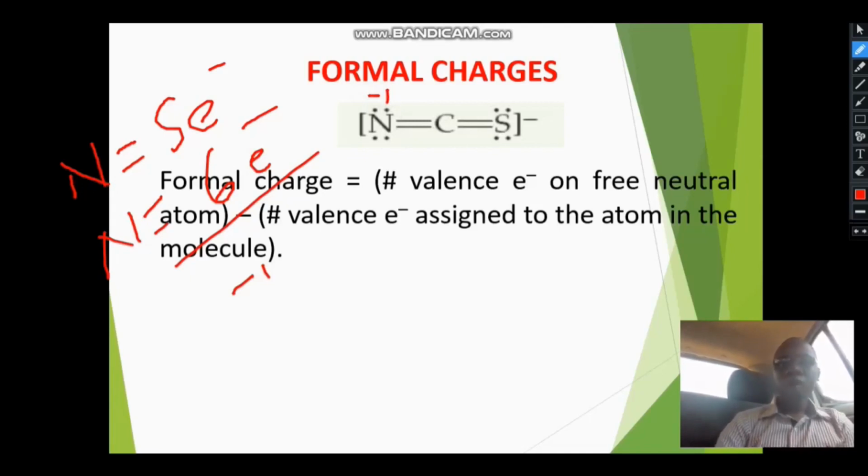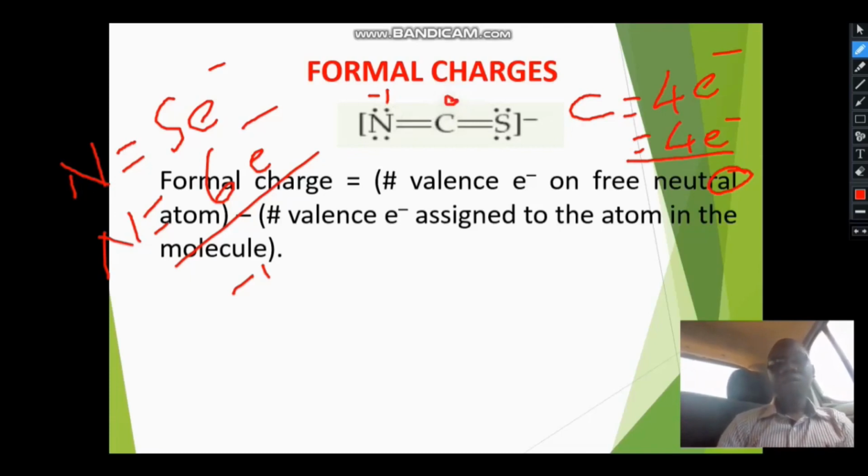Let's go to carbon. The neutral atom for carbon has 4 electrons. Then what are the electrons associated to carbon in this molecule? It is also 4 electrons. So if we subtract this, we get the formal charge, which is 0.